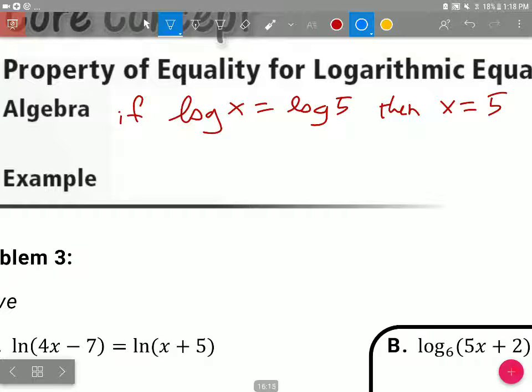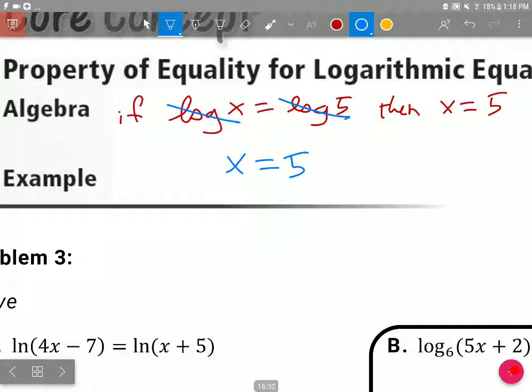We have the same base right here, so we can cancel those out, and we're left with x equals 5. So that canceling out of the bases works with both the exponentials and the logarithms. They're essentially two sides of the same coin.